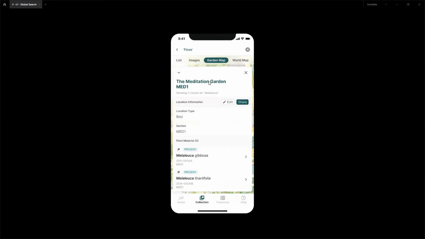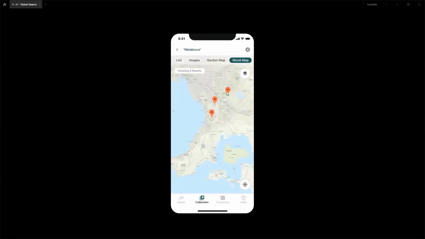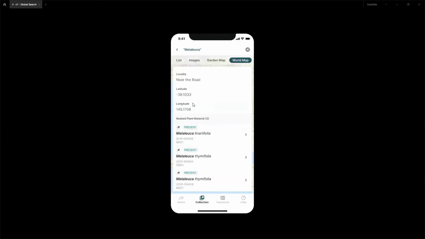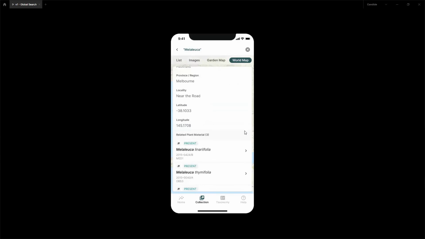And you have this share and all that. If I cross that, you can see I can do the same on the world map, where I can look at the collection data here, where it was collected, and which plants were collected at this particular point in Australia in this case.